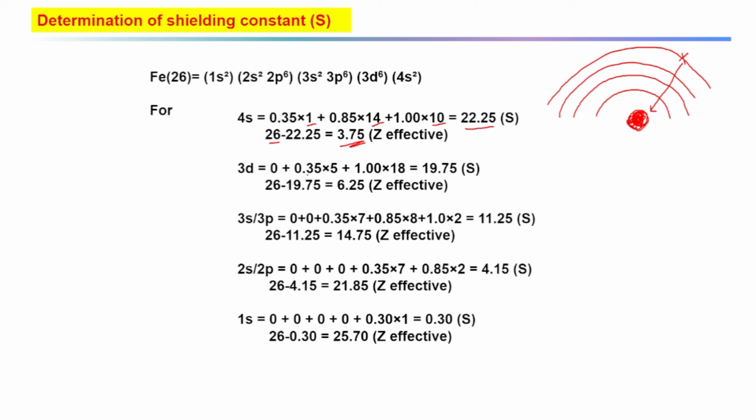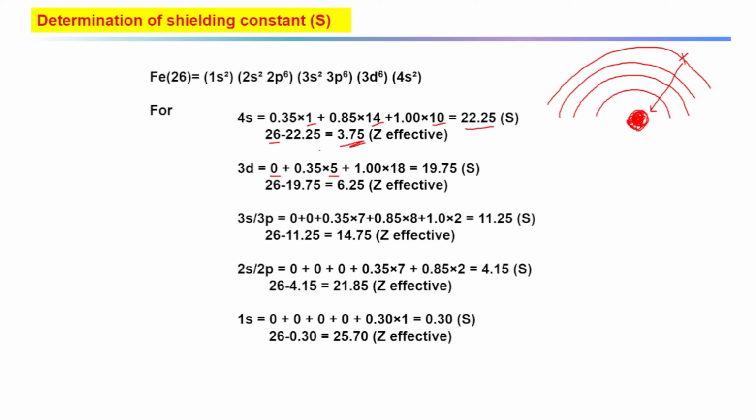Now let's come to the 3d electrons and determine their shielding constant. For 3d electrons, there will not be any contribution from 4s. We have to consider the electrons which are before 3d or in 3d. So from 4s there will be zero shielding constant. In 3d we have 3d6, 6 electrons in total, so each electron can see 5 more electrons, and they give shielding constant 0.35. So we multiply 0.35 with 5.